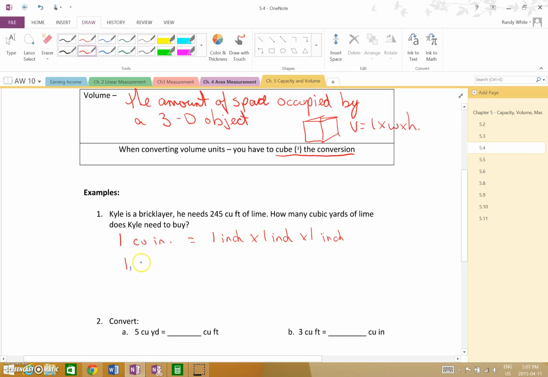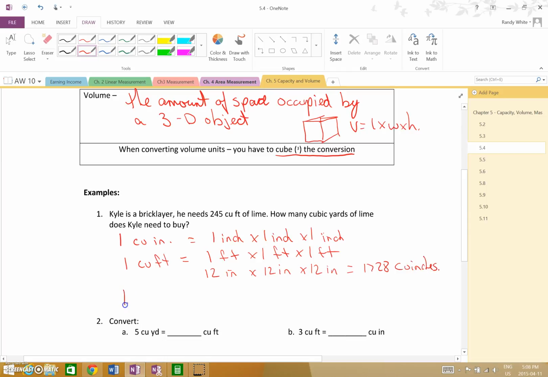One cubic foot is 1 foot by 1 foot by 1 foot, which is 12 inches by 12 inches by 12 inches, which is 1728 cubic inches.